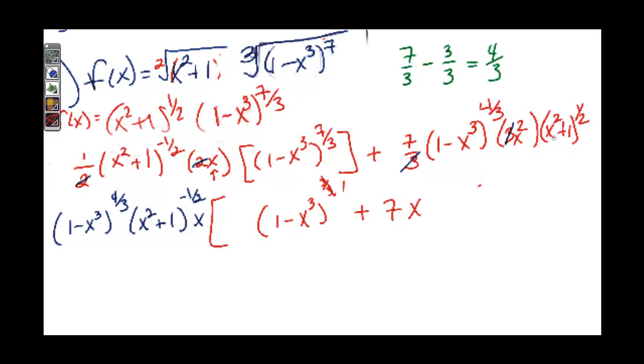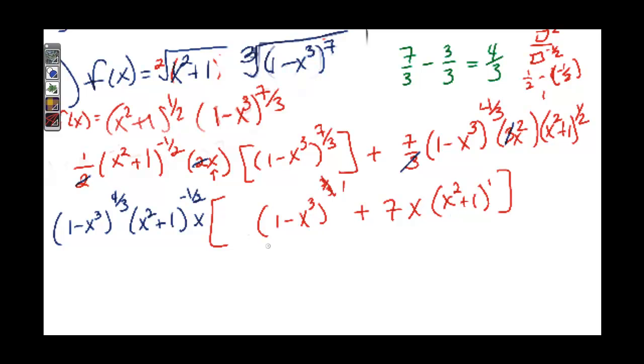And then if I do the x squared plus 1 to the 1/2 divided by the x squared plus 1 to the negative 1/2, that's looking at two like bases, whatever they are, it doesn't matter. When you have that, you subtract, so it would be 1/2 minus a negative 1/2, which is 1/2 plus 1/2, which is 1. So we have an x squared plus 1 to the 1.